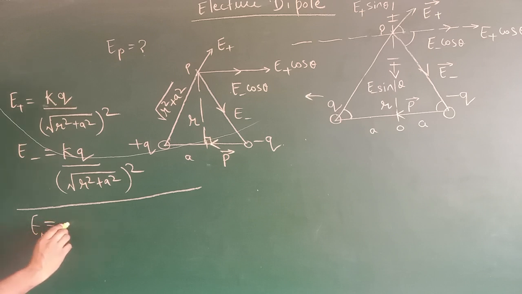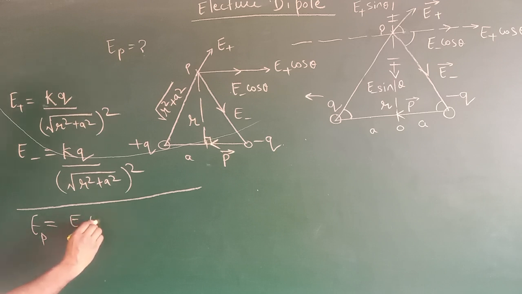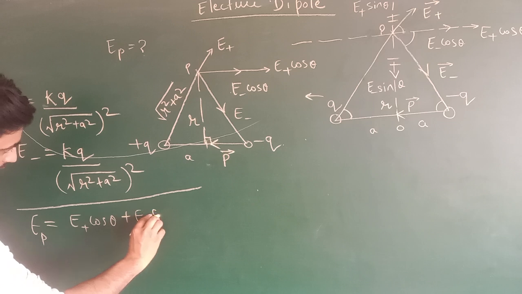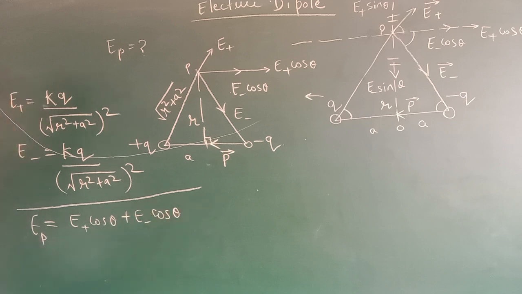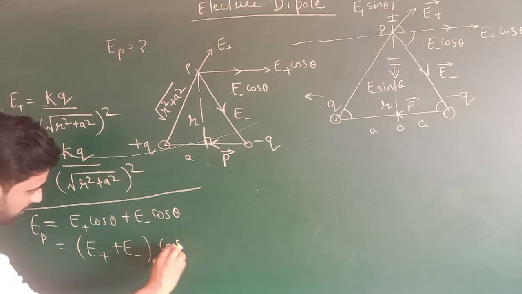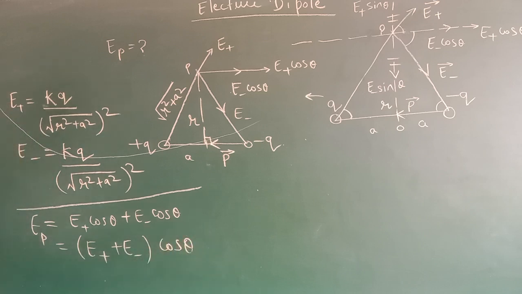E P is equals E plus cos theta plus E minus cos theta. Cos theta is common. Now let's substitute the values of E plus and E minus from these equations.